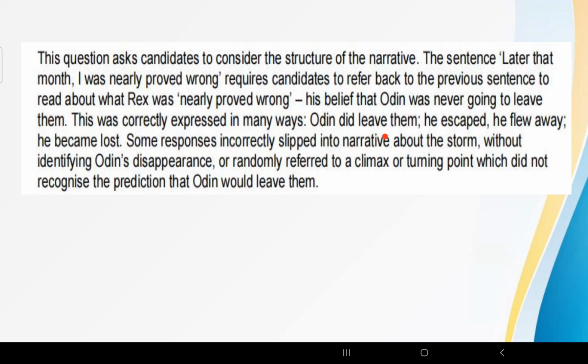Mostly when I discuss these questions, I tell you that words like "this is a turning point in the story" or "the writer is trying to create suspense" are used in all 5 questions that we have in the use of language tasks. But this question is very simple.